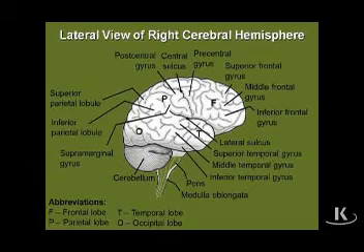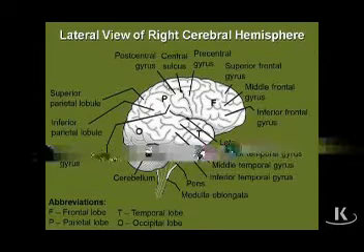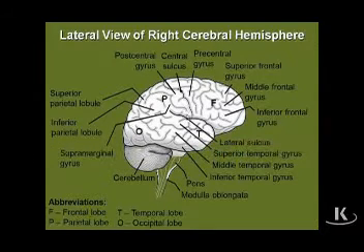On the other side of the central sulcus, on the front of the parietal lobe, is the postcentral gyrus. These represent areas of what are known as primary motor and primary somatosensory cortex, respectively. Primary motor cortex is localized in the precentral gyrus. Primary somatosensory cortex is represented in the postcentral gyrus.